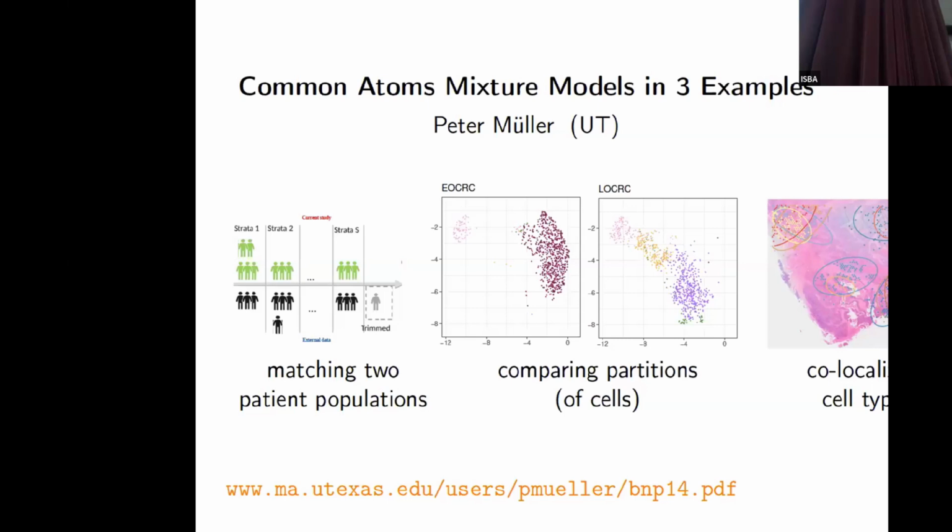The second application, totally different application. In this case, our experimental units, each of the dots is 1 cell. These are immune cells. The 2 plots, one is for early onset colorectal cancer. The other one comes from samples from late onset colorectal cancer. And what we are plotting here are gene expression features for immune cells.